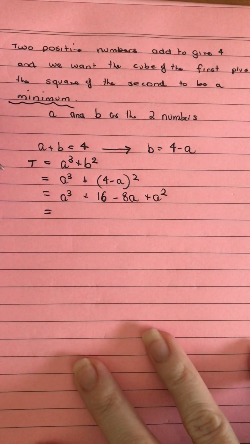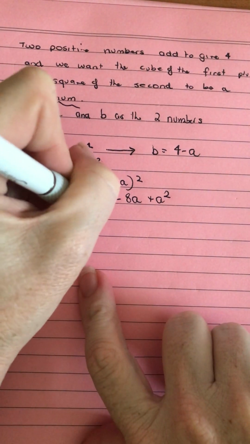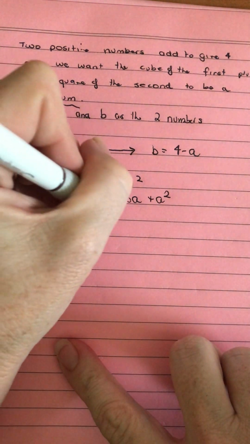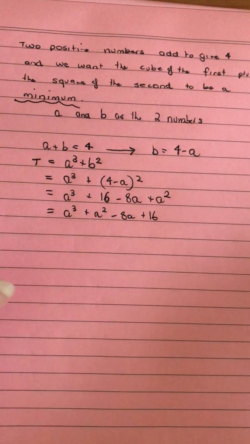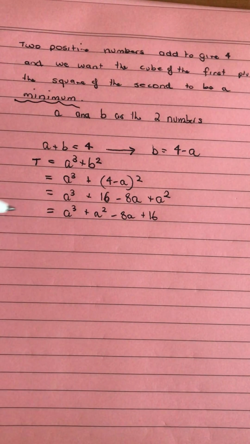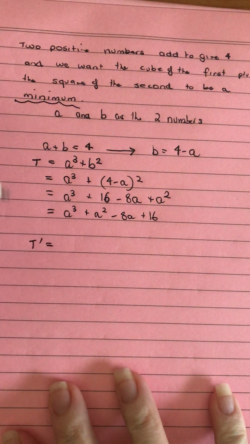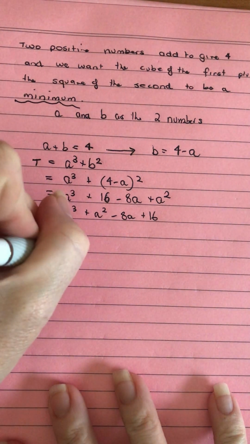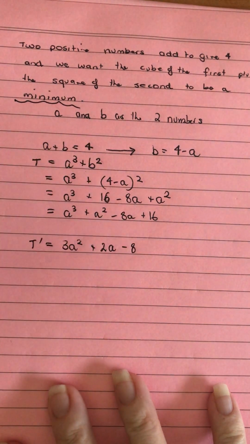Collect and just put them, so there's no like terms to collect, but I just like to put them in order from highest power to lowest power, and we get our equation there. So first step, we're going to do t dash to then be able to find some stationary points. So that's going to give us 3a squared plus 2a take 8.